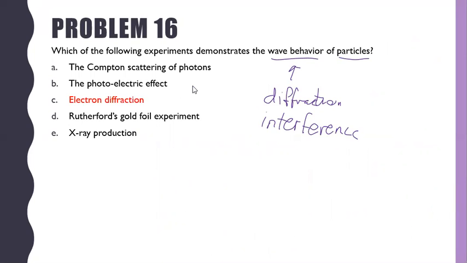If I can get a particle to create an interference pattern or to do diffraction, bending around corners in some way, I have shown a wave behavior of that particle. And that's what was done in the electron diffraction experiment. The two scientists who did that were Davisson and Germer, so you might have seen it as Davisson and Germer's electron diffraction experiments.